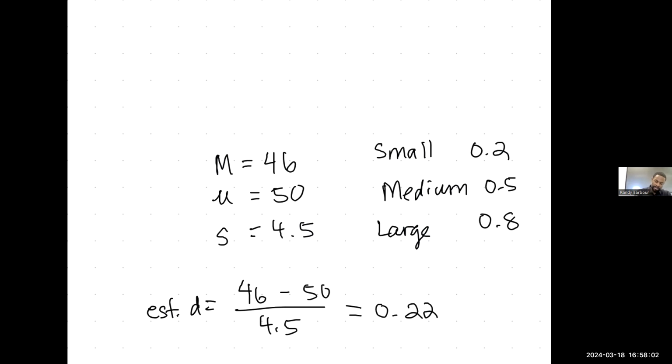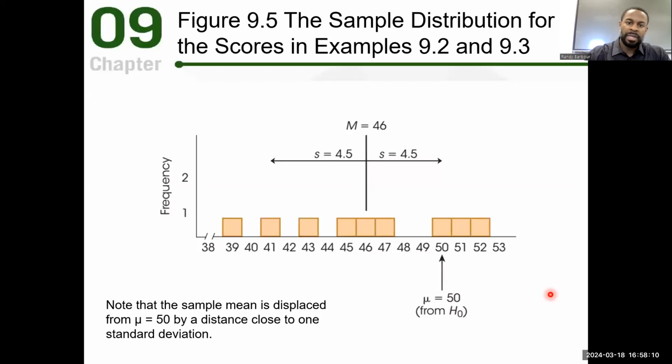Let me stop sharing. Let's go back to my slides. All right. But again, you see the effect size here, right? When you have all of your scores here, this is a sample kind of displaced around here. It's not that big of a difference there, right?